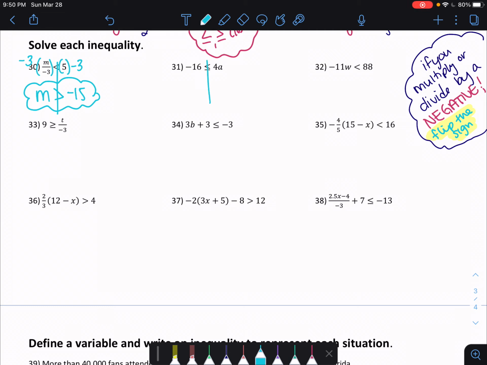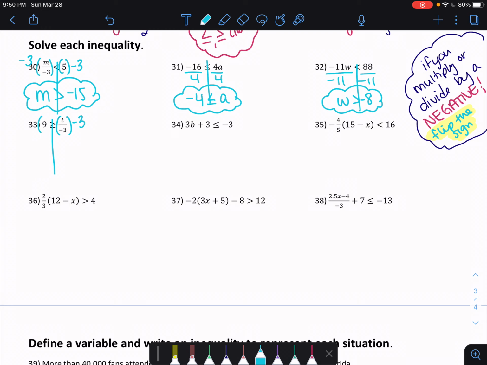For number 31, I'm dividing by a +4, so my sign is not going to flip.